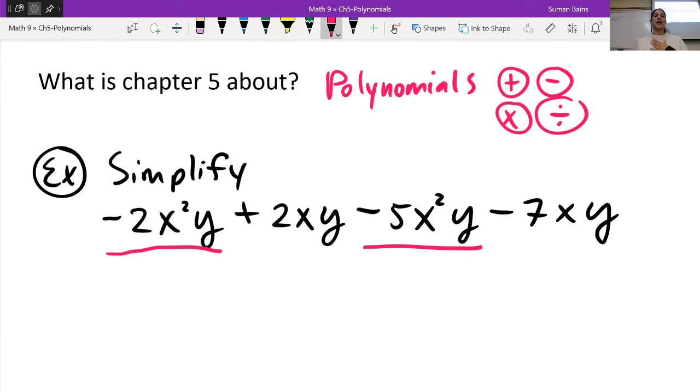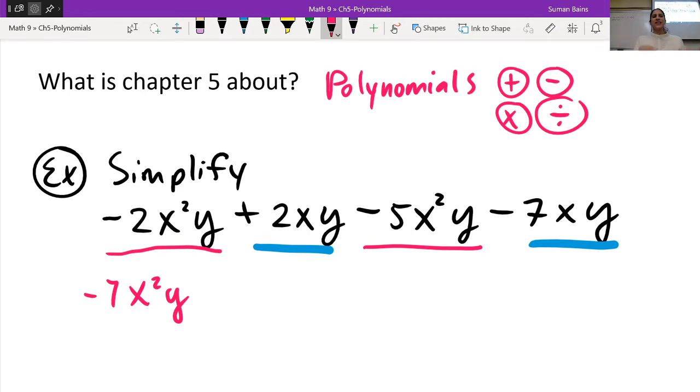Because the two underlined terms have the same variables with the same exponent, they're considered like terms. And then this and this are also like terms. If I combine the two pink terms, what do I end up getting? How many x squared y's do I have? Negative 7x squared y's. Is everybody okay with that?